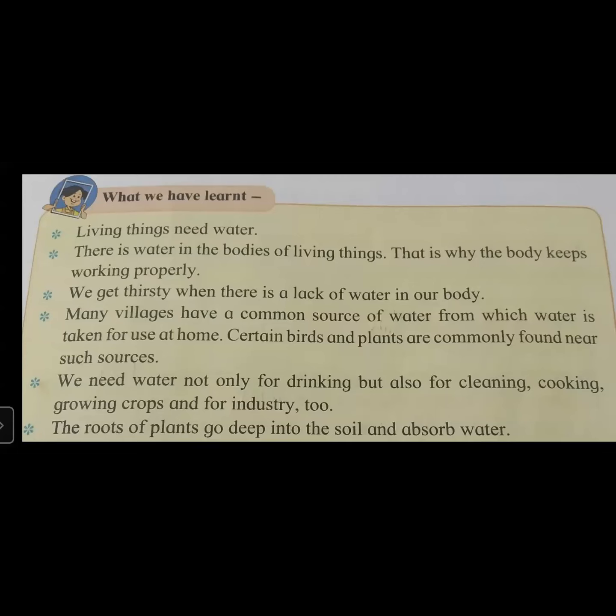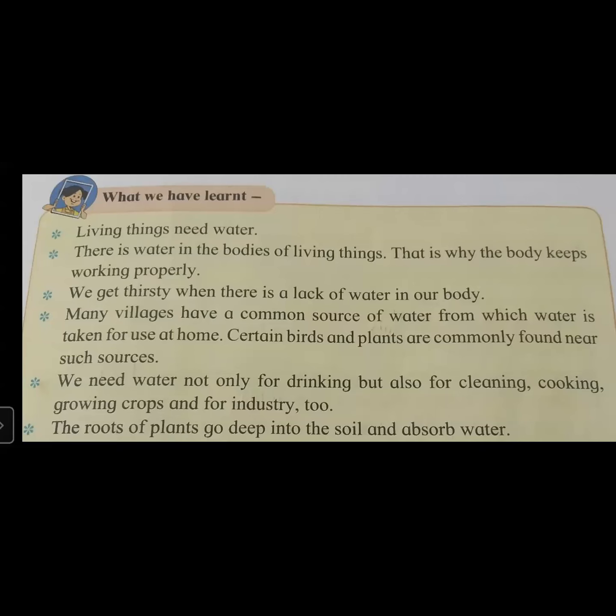Their body is working properly because there's water inside them. And when there is a lack of water, when the amount of water reduces in our body, we feel thirsty.